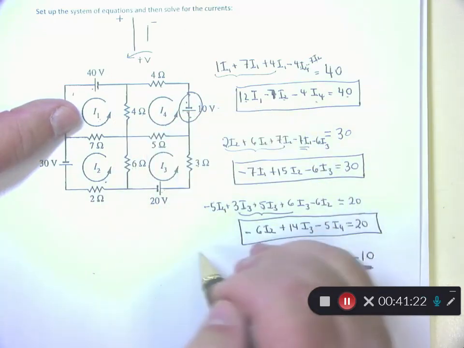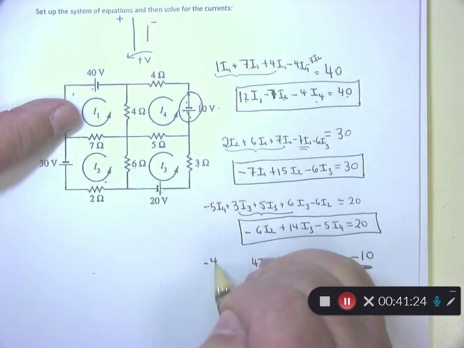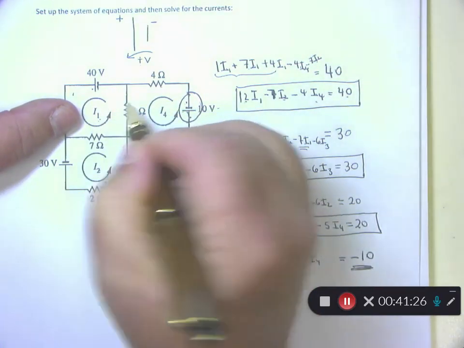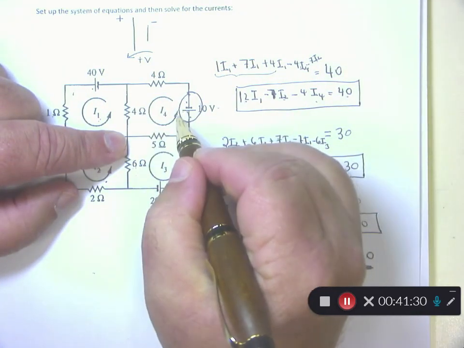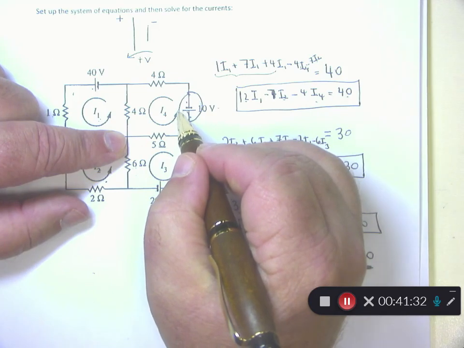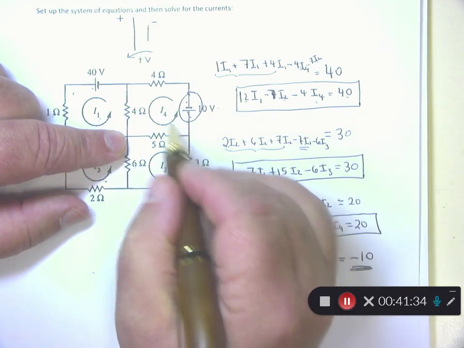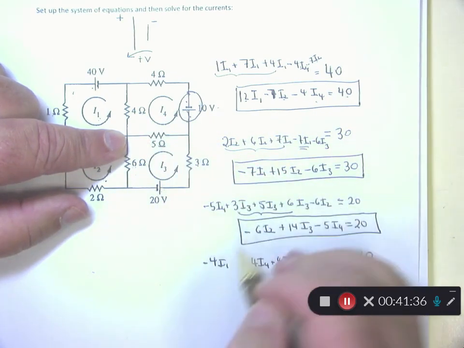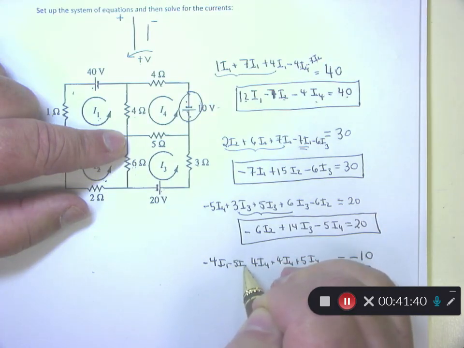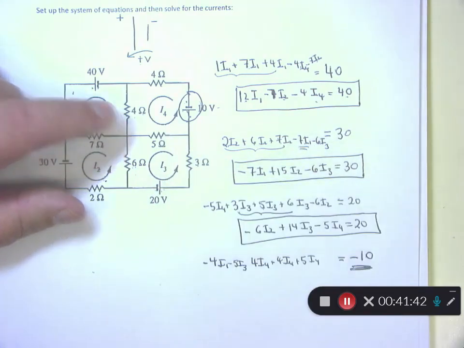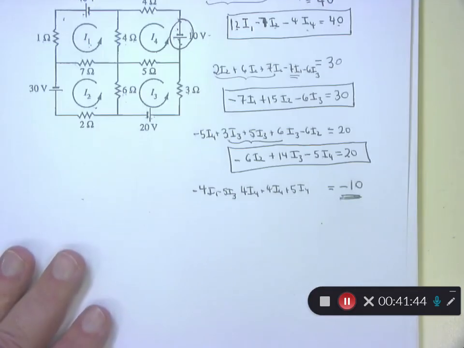So this is going to give you a negative 4 I1 going here, and across this one, the I4 is going counterclockwise. This one here is going to be fighting that on the bottom side, so that's going to be a minus 5 I3, okay?